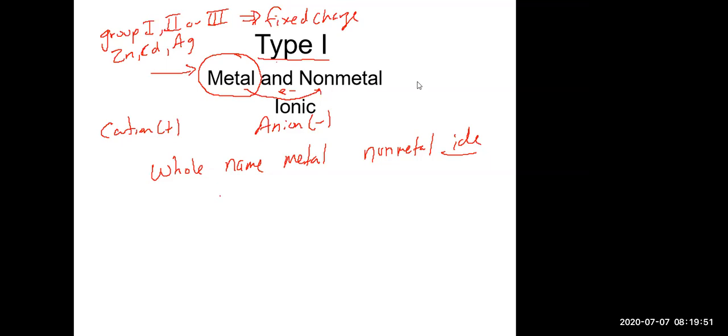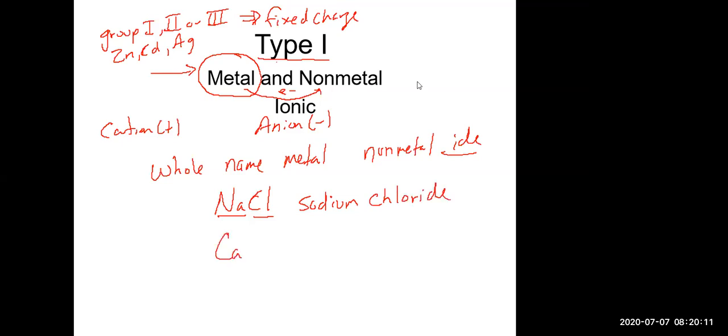So again, if we looked at something like we saw earlier, NaCl, Na is a metal, Cl is a non-metal, Na is group 1, so we use the whole name for Na, which is sodium, and Cl is chlorine. We drop the last part and it becomes chloride.